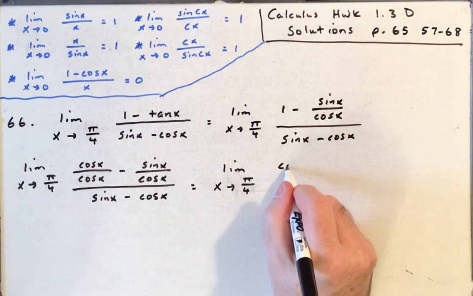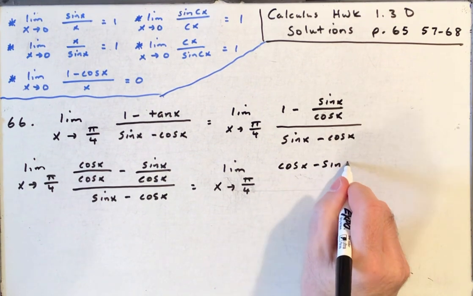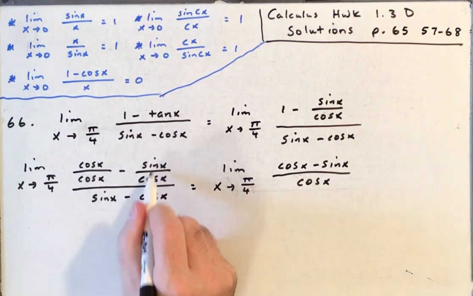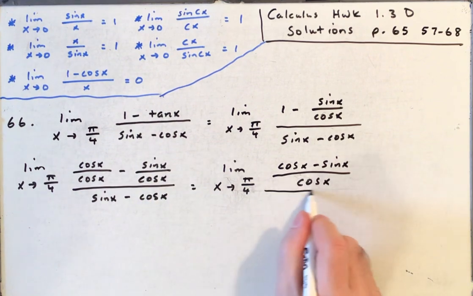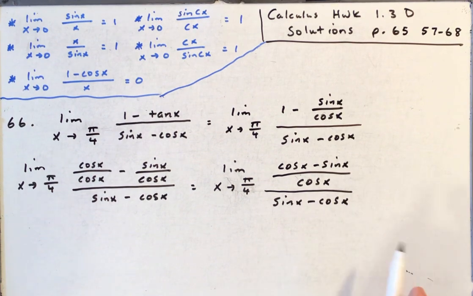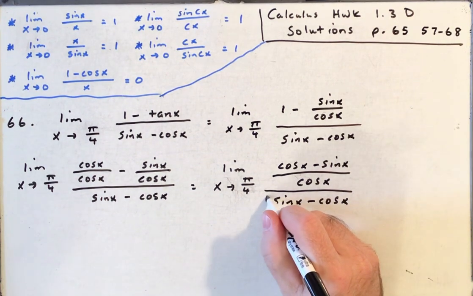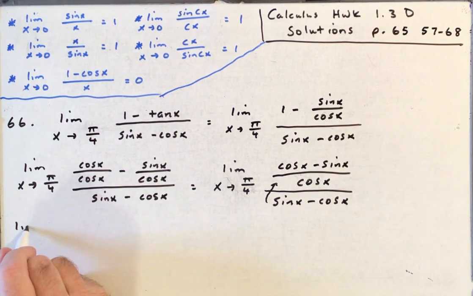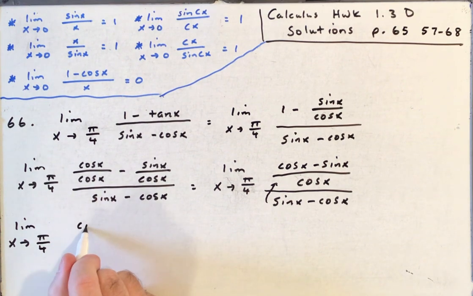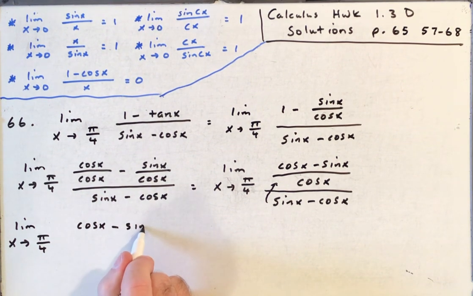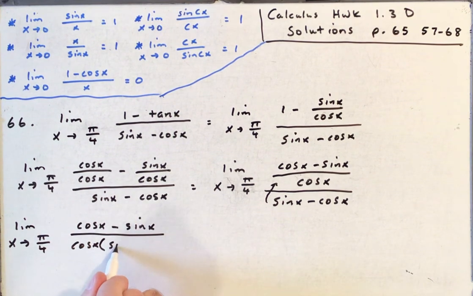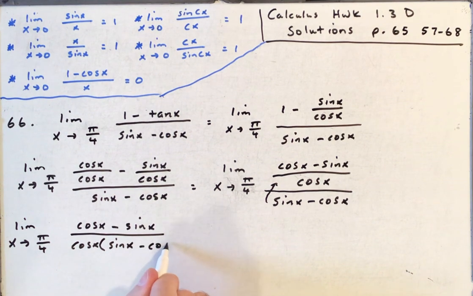Then I'd have cosine x minus sine x over cosine x. I was able to put those two fractions together now that we have a common denominator over sine x minus cosine x. So we can bring this guy up a level. I've got the limit as x approaches pi over 4 of cosine x minus sine x over cosine x times sine x minus cosine x.